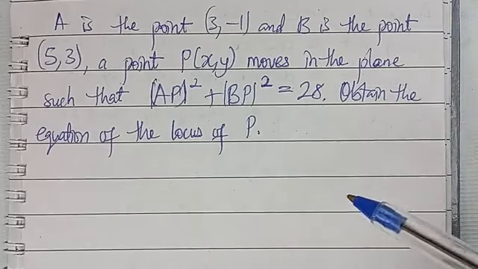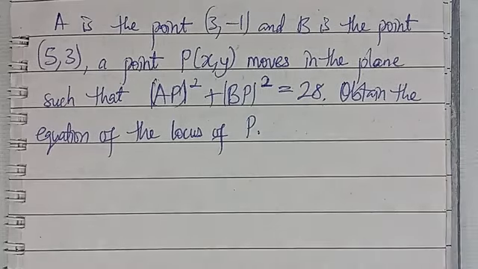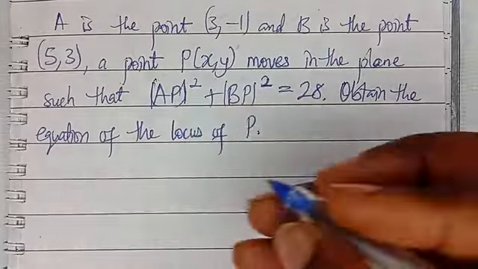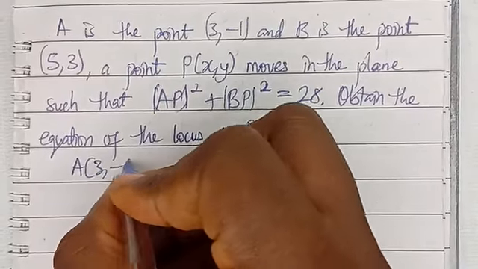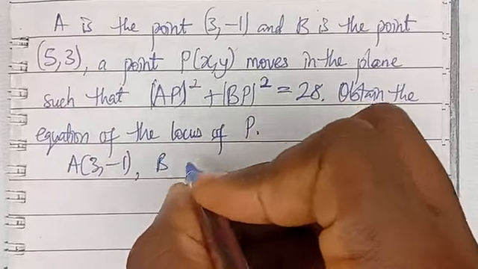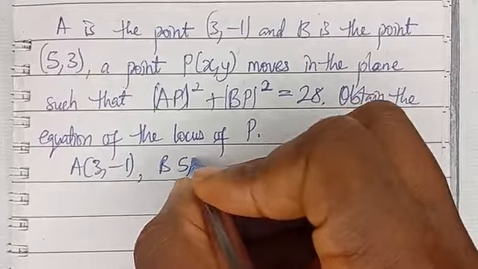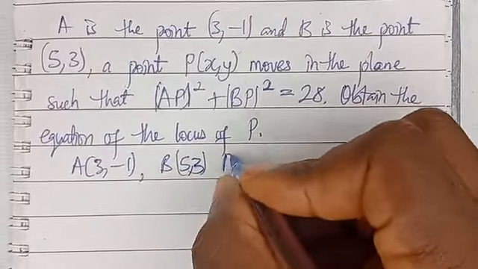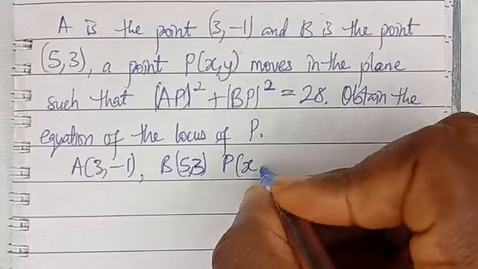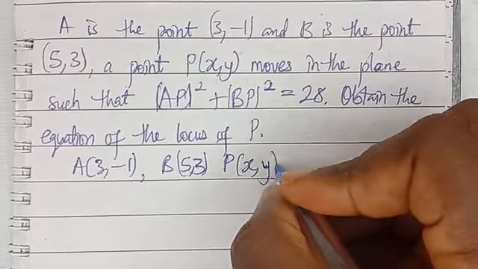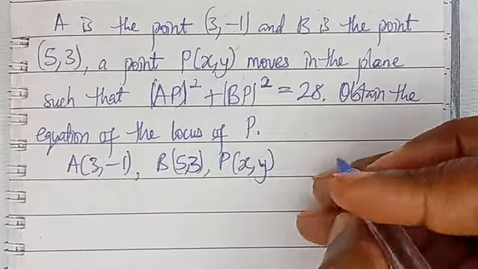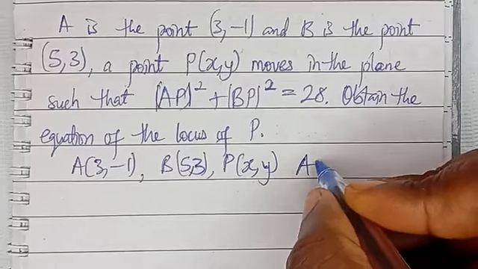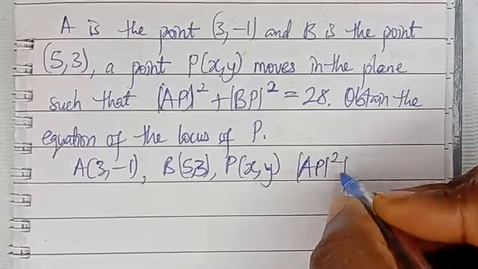Obtain the equation of the locus of P. Okay, so from what we've learned so far, let us write out our points. Point A is (3, minus 1), and point B is (5, 3). And then we have point P, which can take up any coordinate point because it's a moving point. And then this is the equation of the relationship between their distances.